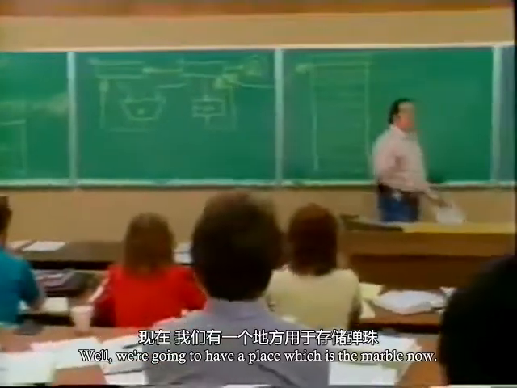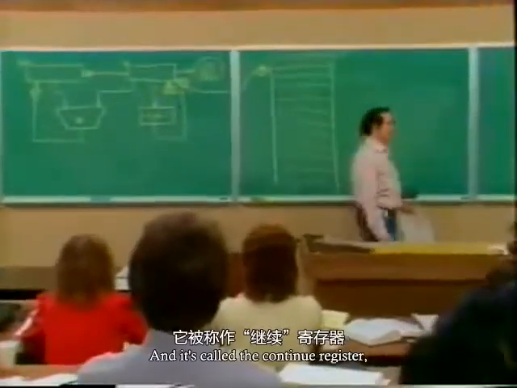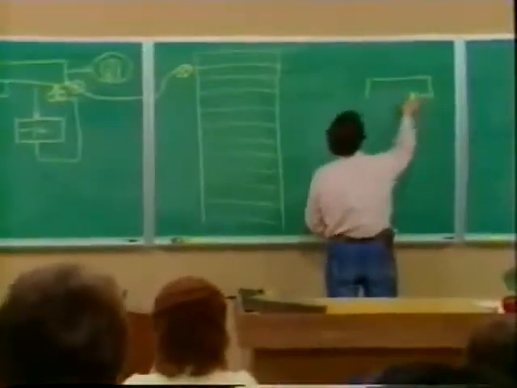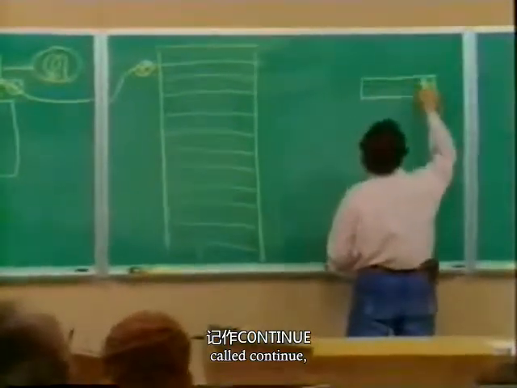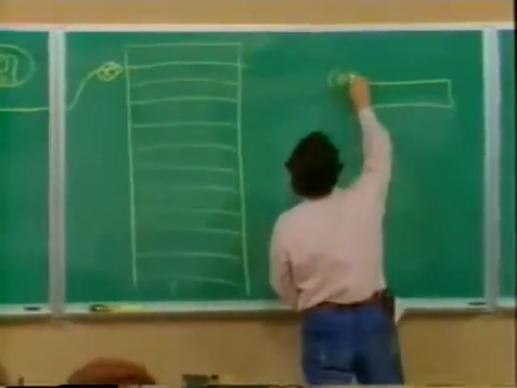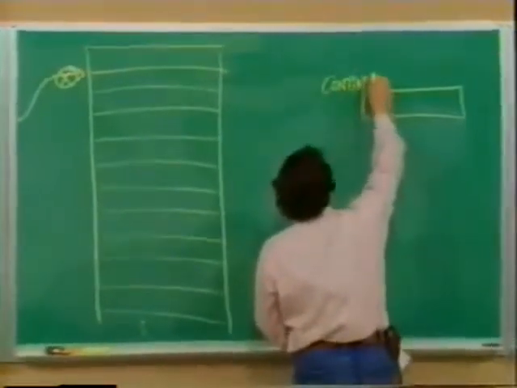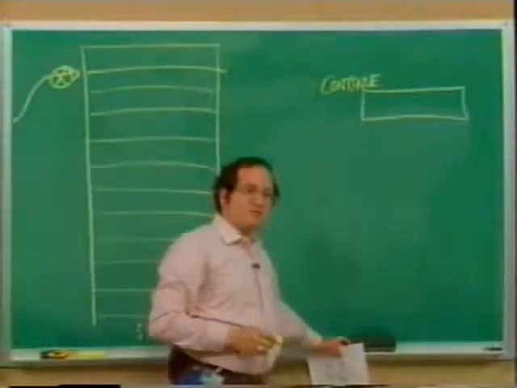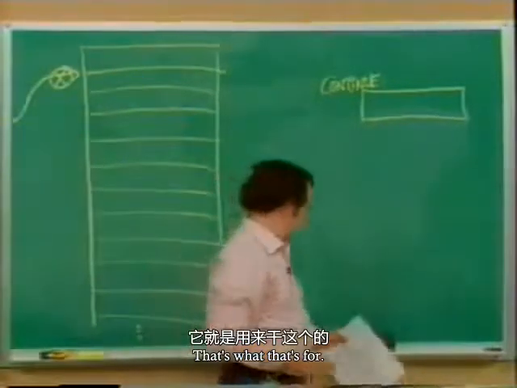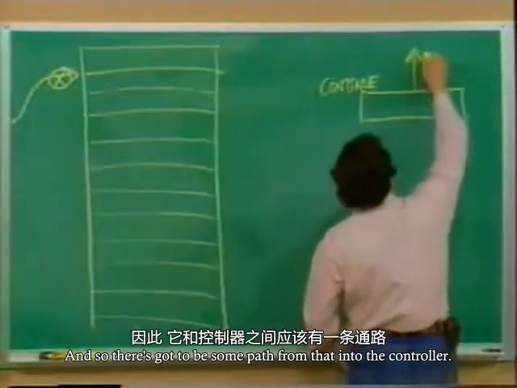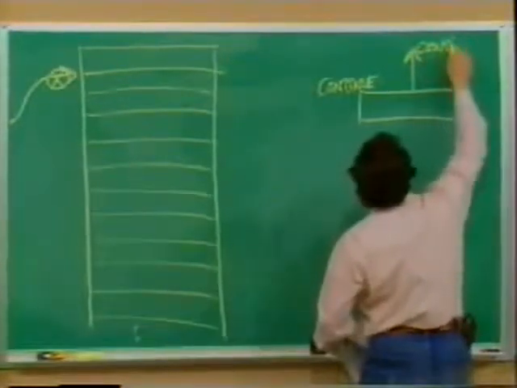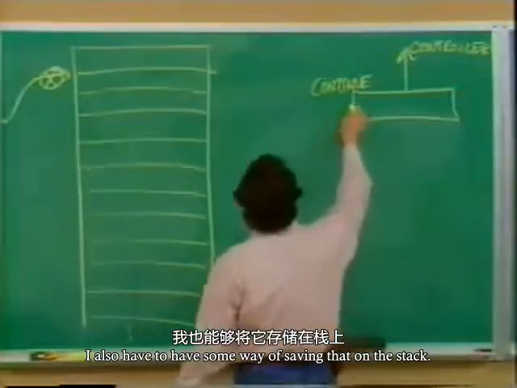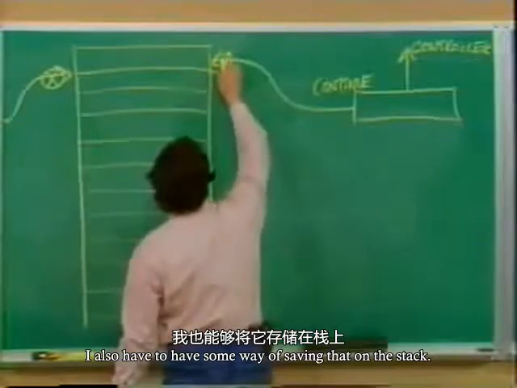Well, we're going to have a place which is the marble now. It was called the continue register. Called continue, which is the place to put the marble next time I go to continue. That's what that's for. And so there's got to be some path of that into the controller. I also have to have some way of saving that on the stack.